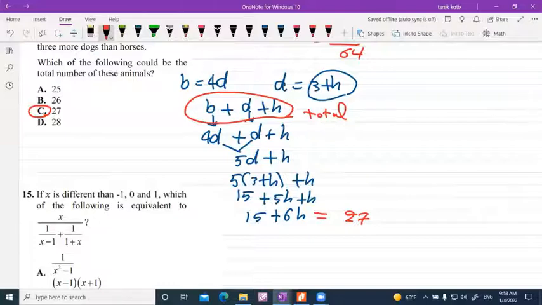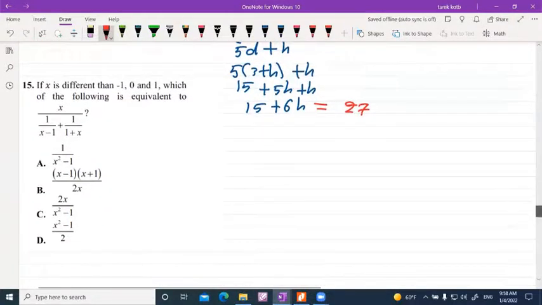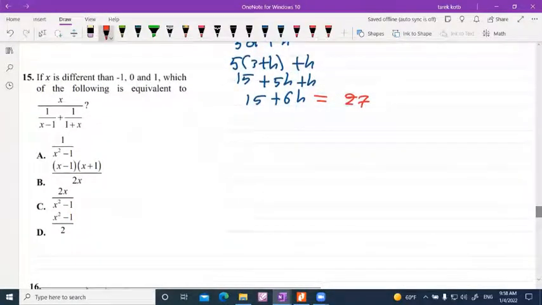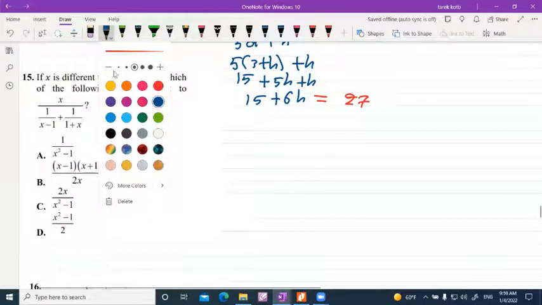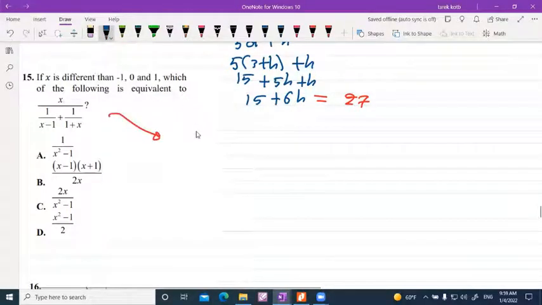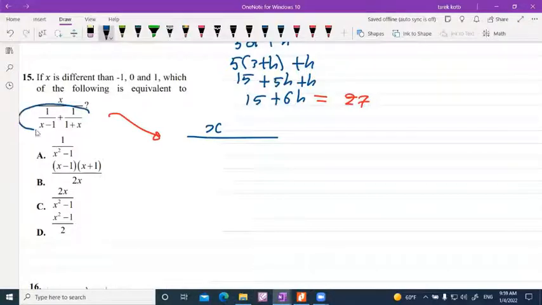If x is different than -1, 0 and 1, which of the following is equivalent to this expression? This is a fraction expression, which means I want to simplify it.